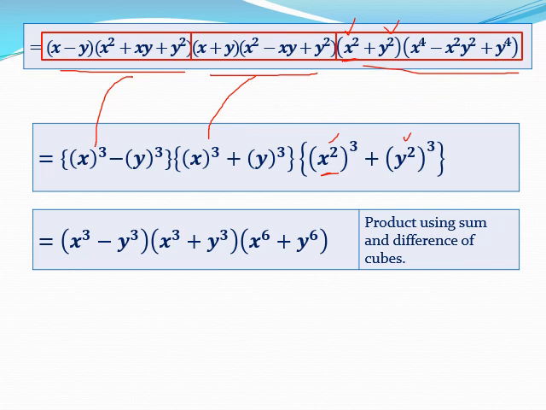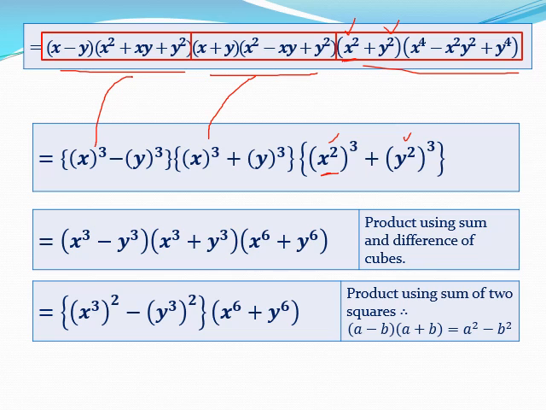Product using sum and difference of cubes. It becomes (x³ − y³)(x³ + y³)(x⁶ + y⁶). Again, you can observe these two factors. These two factors actually are a difference of squares, as this is x³ and y³.